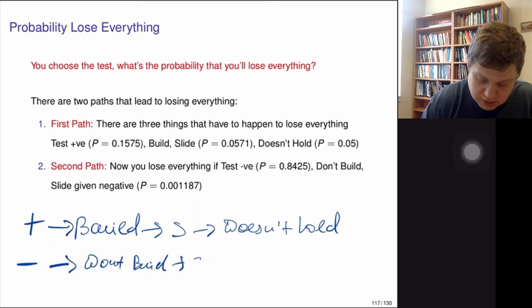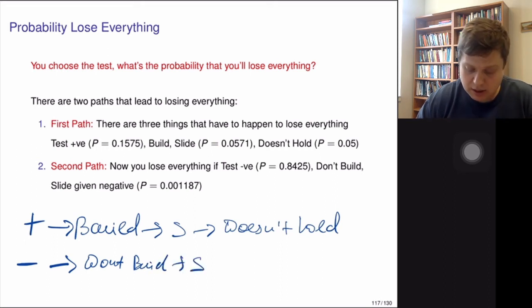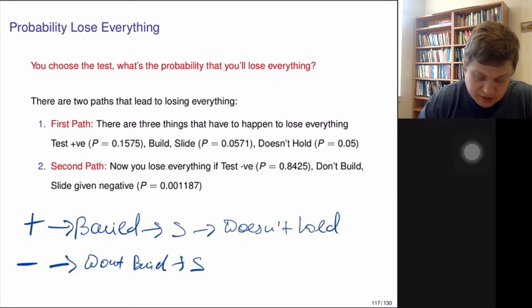and then slide does happen, and we know the probability associated with each of those events. So probability of the positive test we calculated, and probability of negative test we calculate the total probability, and the probability of building the wall given the test is positive is just 1. So we always build if test is positive, and we never build if test is negative.